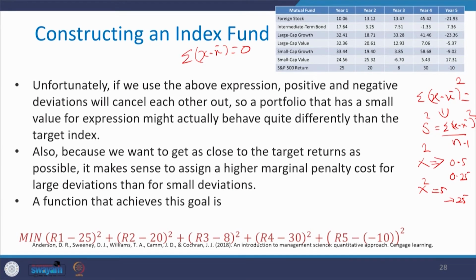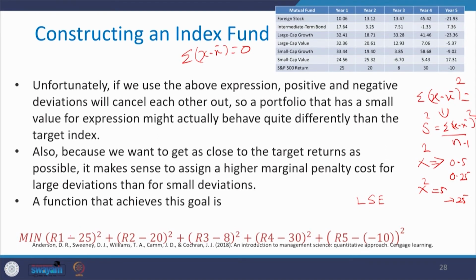So, when you square the deviation, this will become R1 minus 25 whole square, R2 minus 20 whole square. This is similar to your least square estimate in a regression. What we used to do there? We minimize the sum of the square of the error, the same thing.